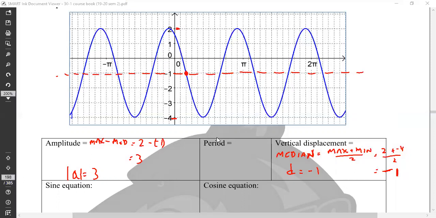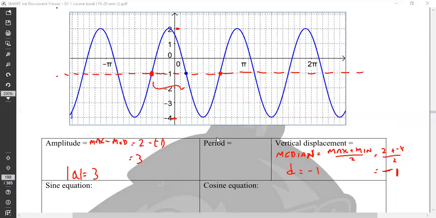If we're wanting regular sine, let's have our start point here. I'm going to call this a regular sine equation. There's my start point. Here's my next start point. That's one full cycle.